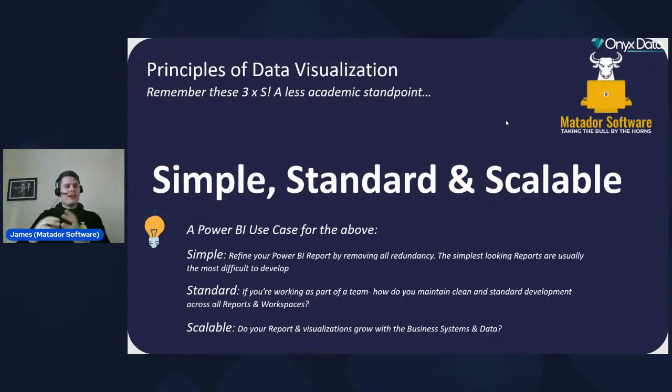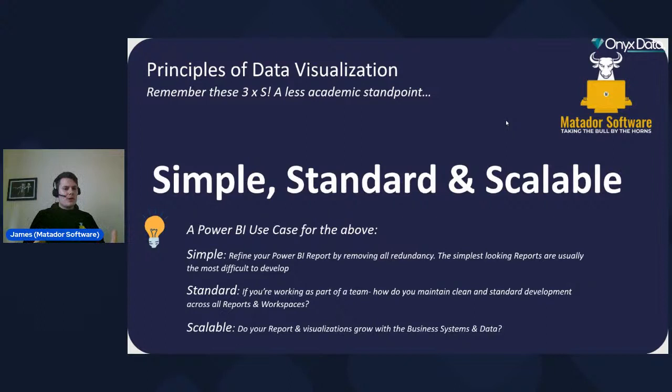We work down to a slightly smaller font and italics maybe for instruction, and the colors represented across axis and graphs, whatever that may be. We want to make sure that's standardized. It's very important, and it does have more of an effect on the human brain than you think. But also, if you're in a BI organization and you use Power BI, a really important thing to think about with standardization is how do we maintain this across a whole team?